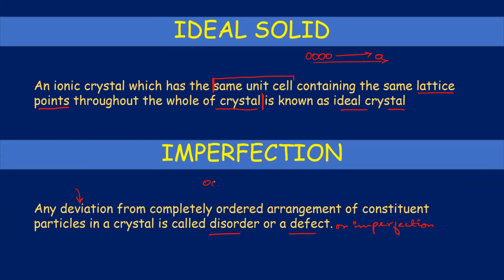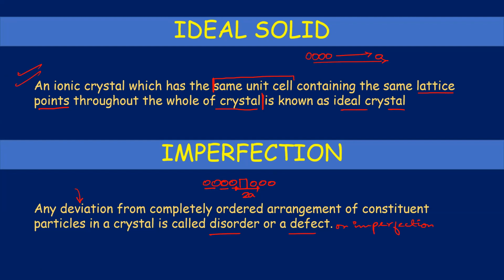For example, if I go from 1 atom, 2 atom, 3 atom, 4 atom, and then there is a vacant space with no atom, the general length was a, but now from here to here I have 2a distance. So we have a disruption, a disorder, a defect, an imperfection. These are simple but important definitions.